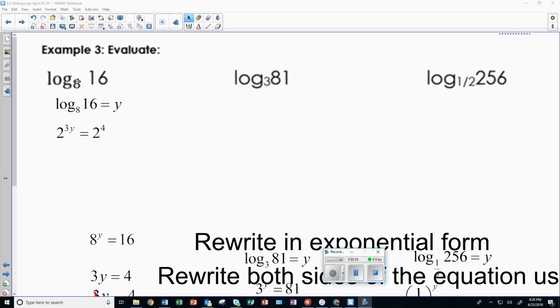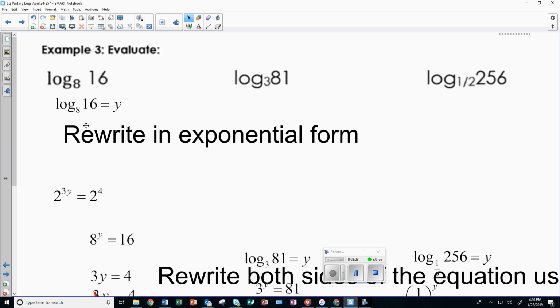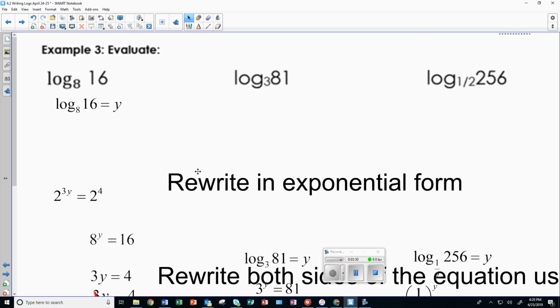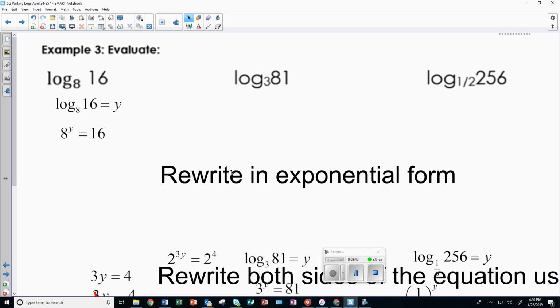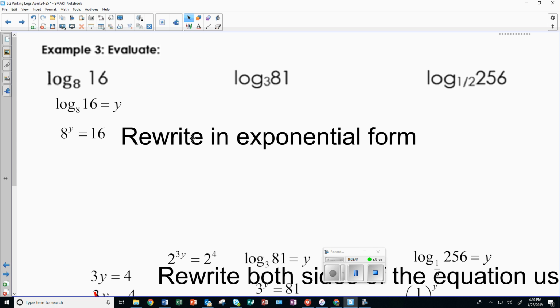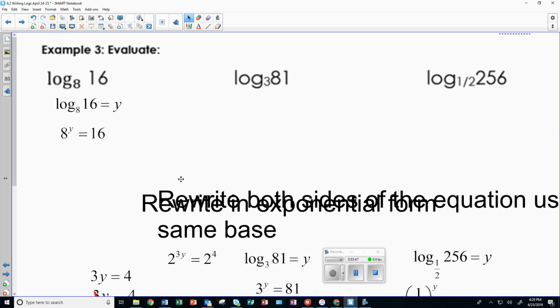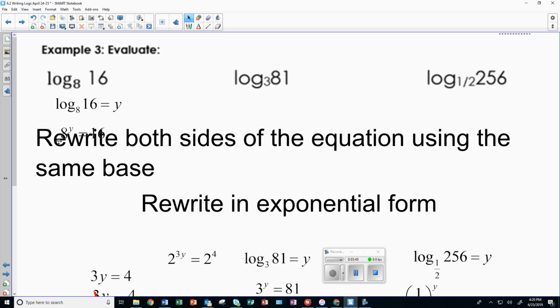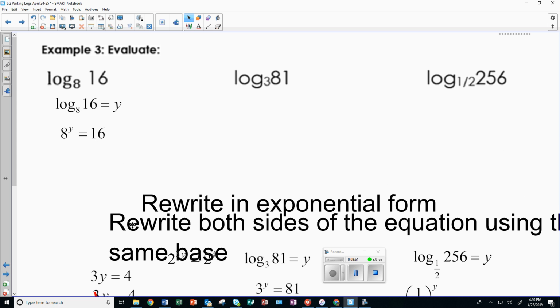So the log base 8 of 16 equals y can be rewritten in exponential form. Once we write it in exponential form, the next thing we should do is rewrite both sides of the equation using the same base.